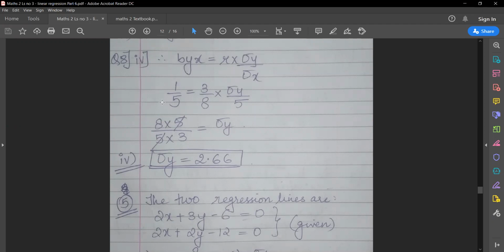So byx is equal to 1 upon 5, which we had found out, is equal to r, we got 3 upon 8, or you can also take 0.375, whichever you feel. Both are right. Into sigma y divided by sigma x, we found out just now, that is 5. So on cross multiplying and cancelling, I get the answer of sigma y as 8 upon 3, which is nothing but 2.66. So in this way, class, we have found out the answer of the 8th sum.